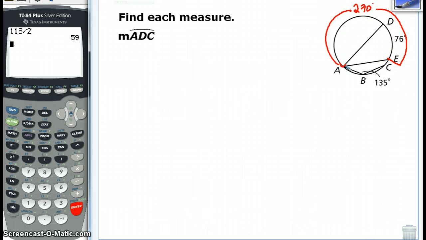What they want is the measurement of, I think, ADC, we just found it. There it is. So because the inscribed angle is 135, ADC is twice as much. 270 degrees. Because remember, the inscribed angle is always going to be half as much as the arc that it's intercepting.